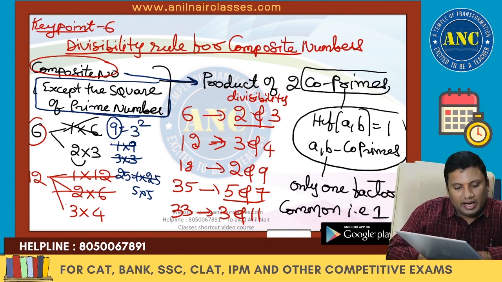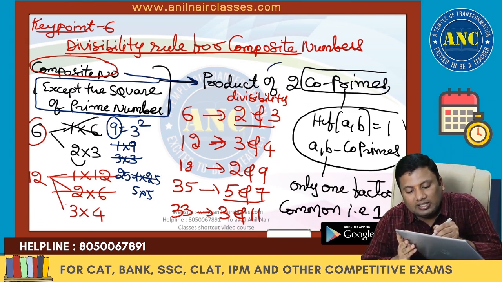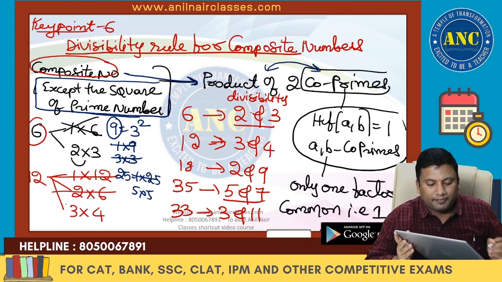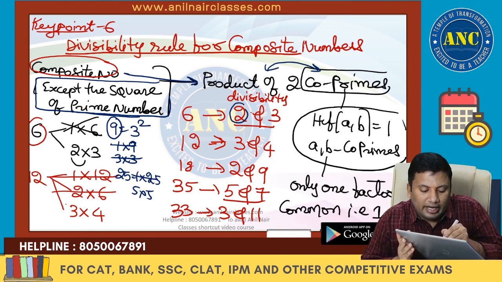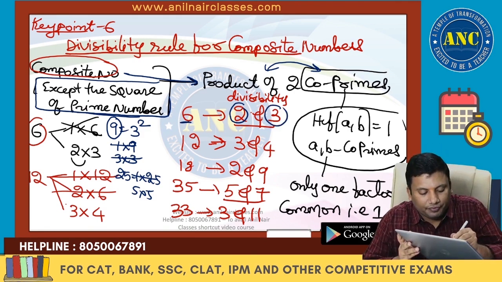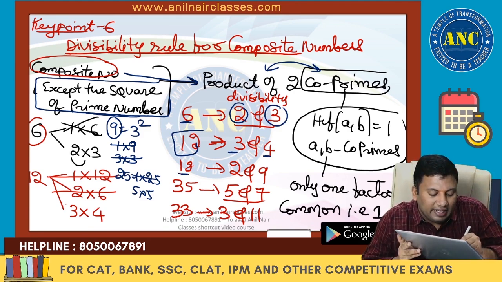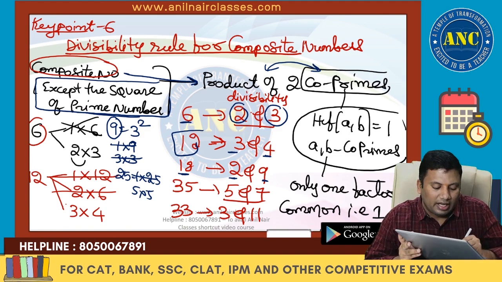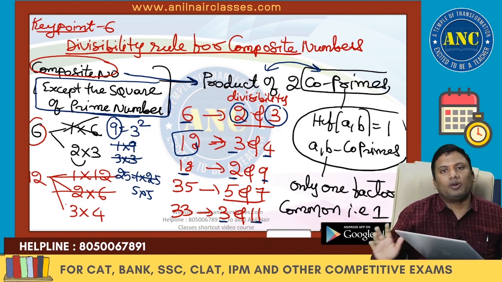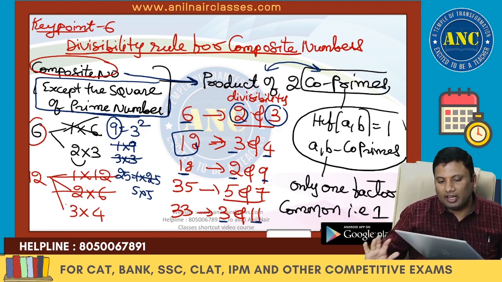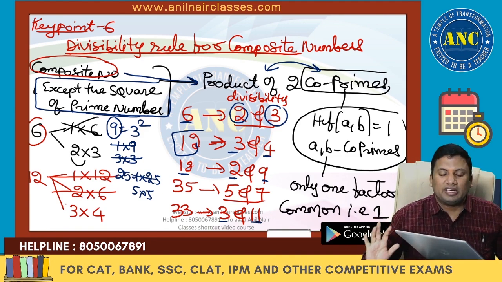Composite number except the square of a prime number, write it as a product of two coprimes and then check independently. 6 divisibility rule is 2 and 3. 12 is 3 and 4. 18 is 2 and 9. 33 is 3 and 11. Key point number 6, I hope it is clear.